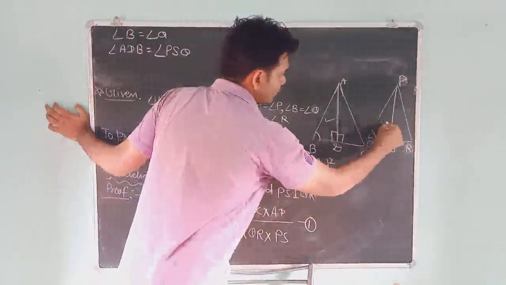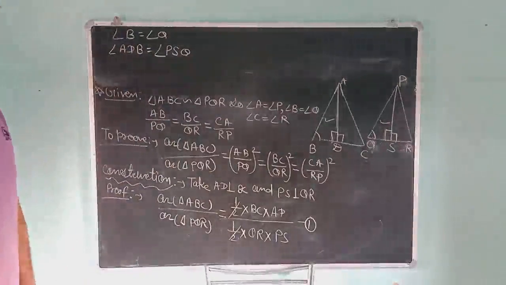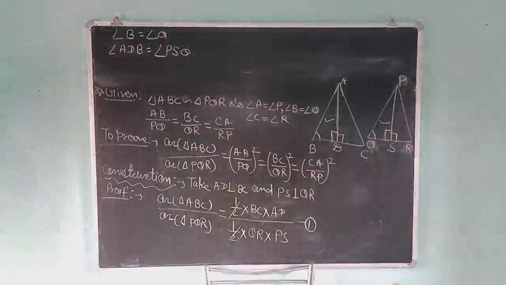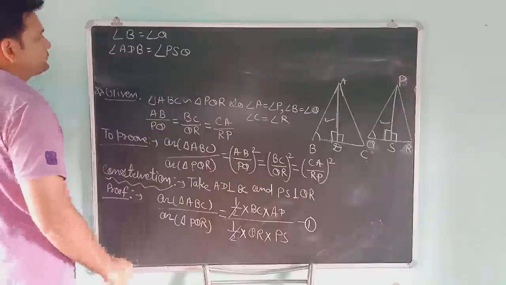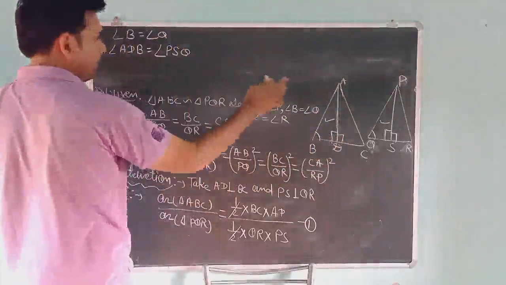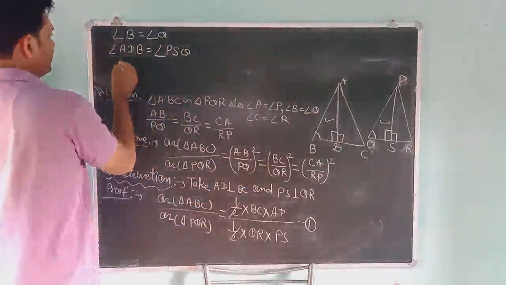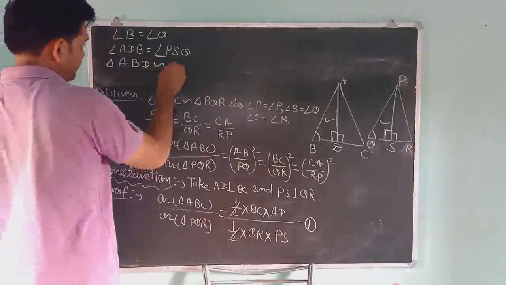So these two triangles are similar to each other according to the rule AA similarity. Okay, students. Suppose that the name of this triangle is ABD. So triangle ABD is similar to triangle.